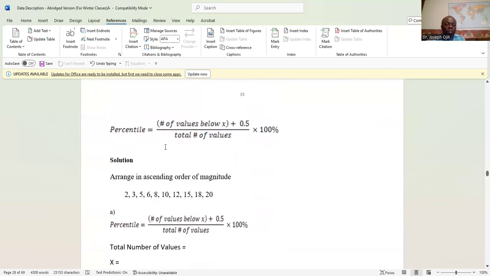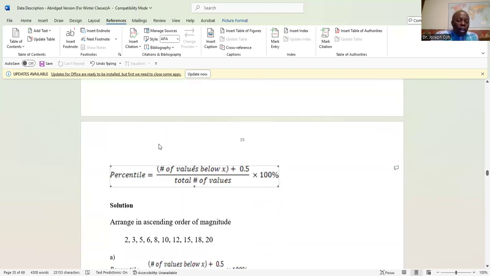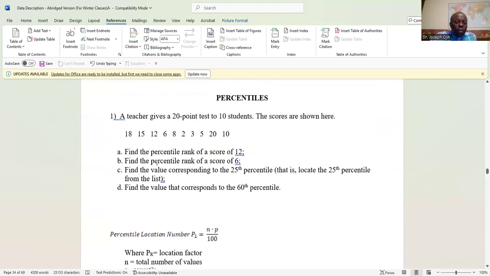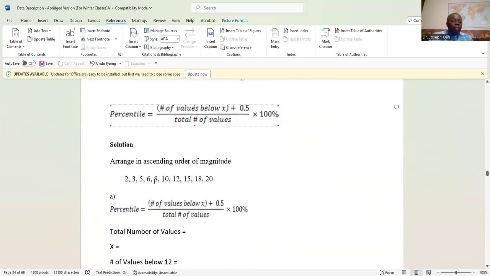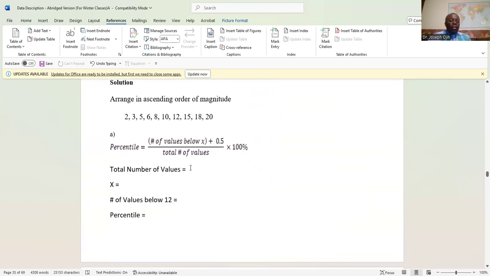So I'm using this formula here because it says find the percentile rank of the score of 12. There are 10 of them, so N is 10. X is 12, the score of 12.